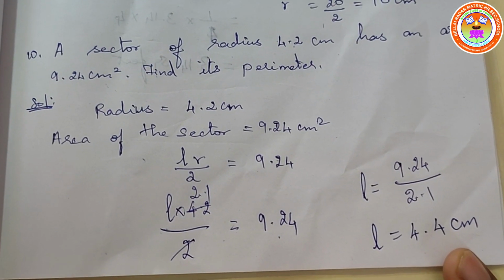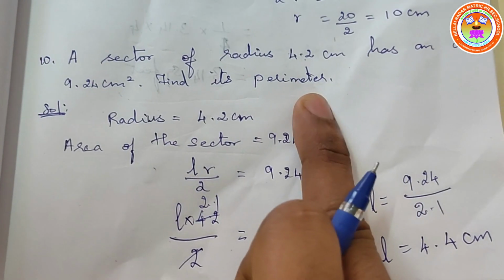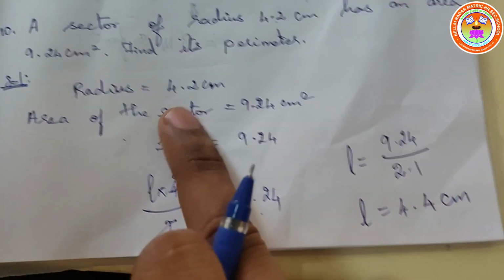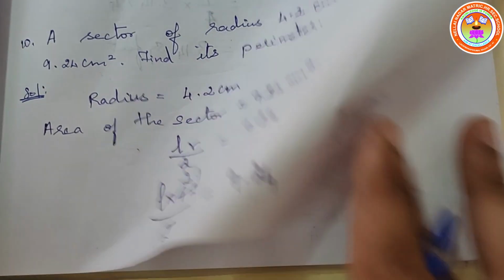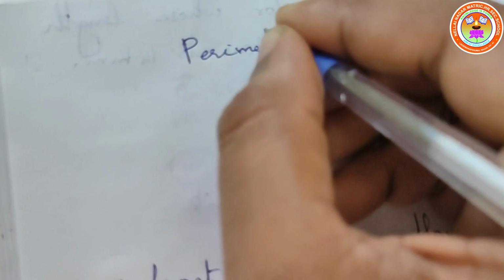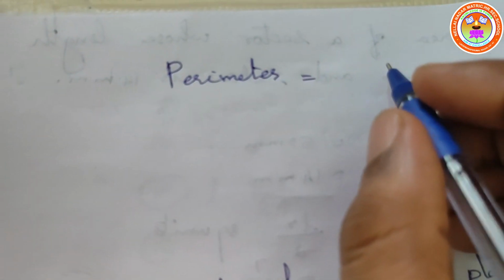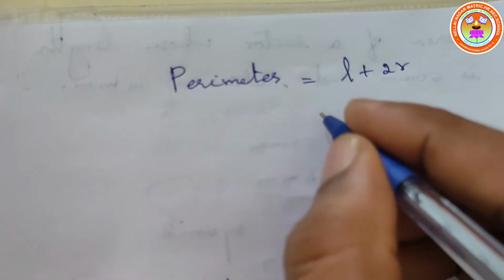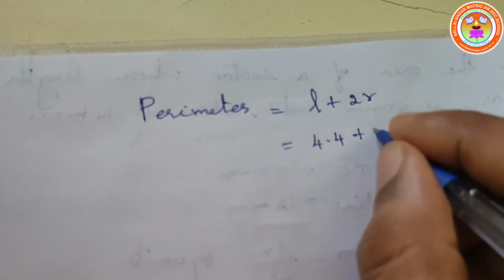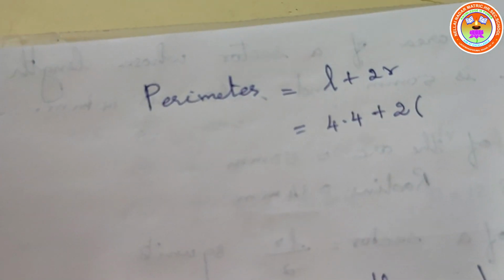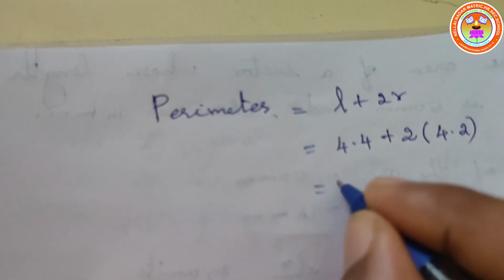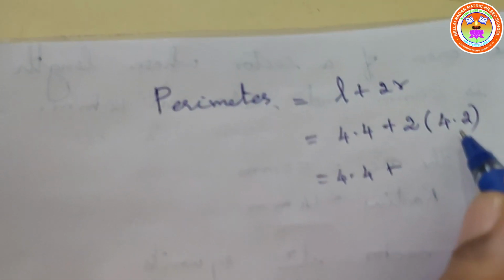On the next page we'll see the perimeter. Find its perimeter. For that we need the radius and the length of the arc. Very good. These two we are going to substitute in the perimeter formula. Perimeter equal to L plus 2R, which is equal to 4.4 plus 2 into the radius, 4.2. 4.4 is the length of the arc, radius is 4.2.